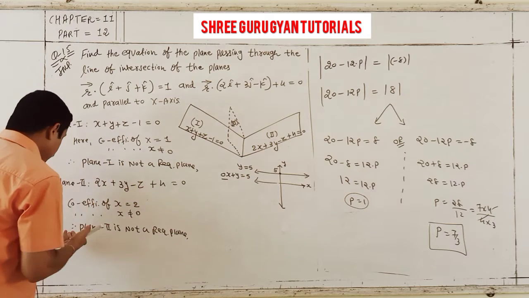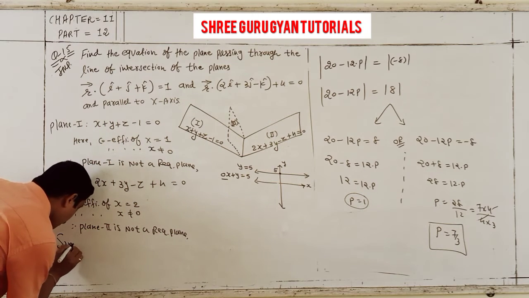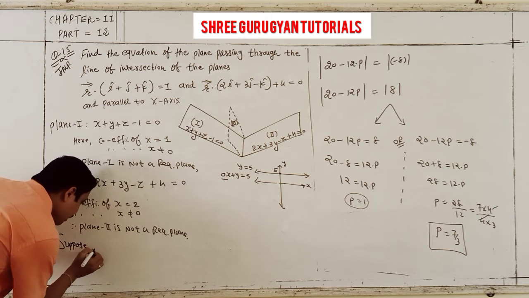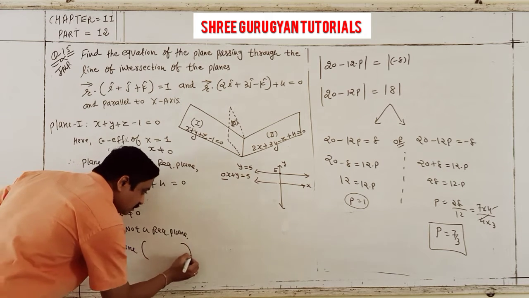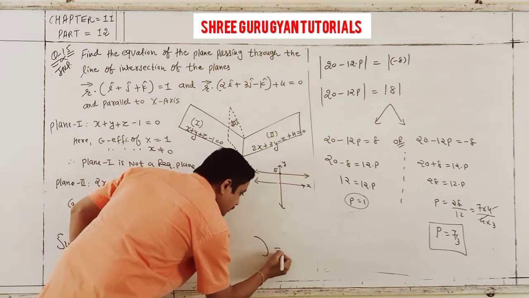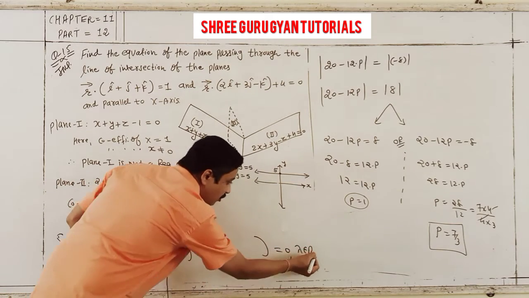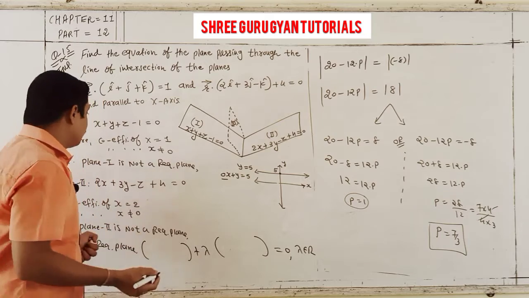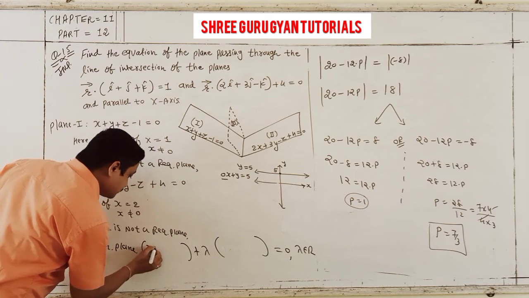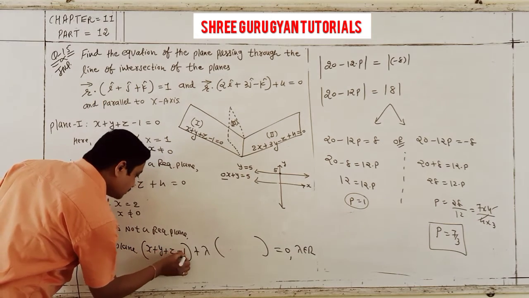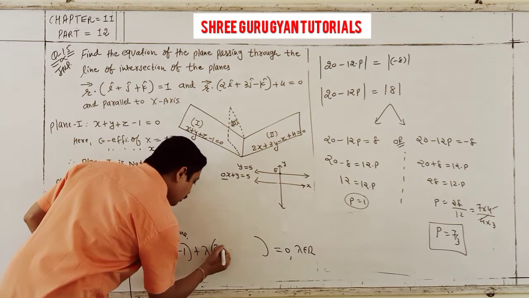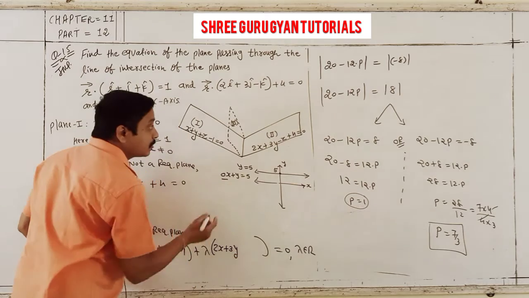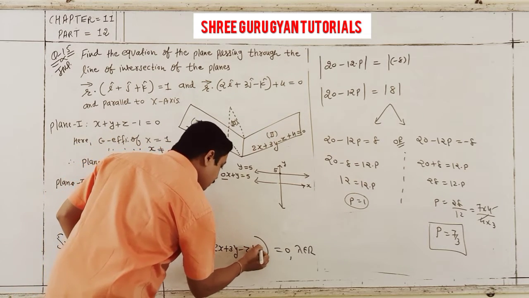So suppose our required plane is first plus lambda second is equal to 0, where lambda belongs to R. Our first is x plus y plus z minus 1, and second similarly 2x plus 3y minus z plus 4.